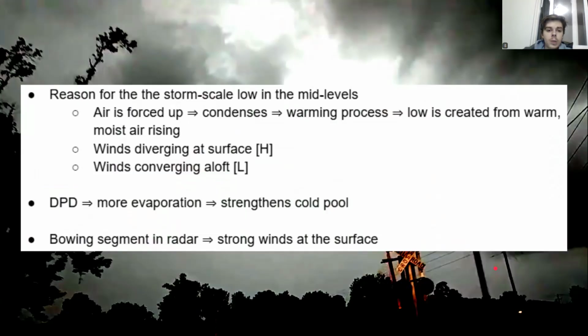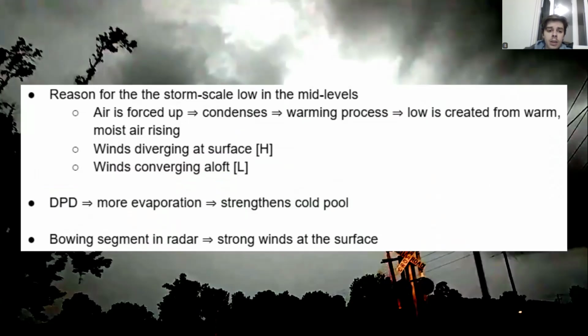So, what is the reason that the rear inflow jet is going to create a storm scale low in the mid levels? Well, air is going to be forced up, and once it is, it condenses. Condensation is a warming process, if you remember, back to our earlier videos.